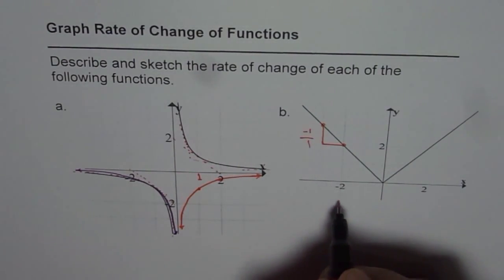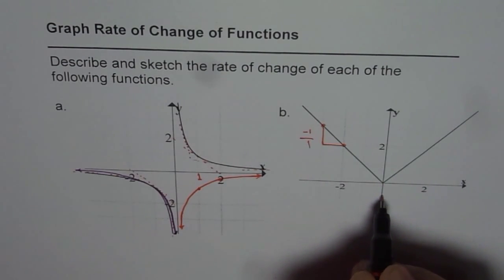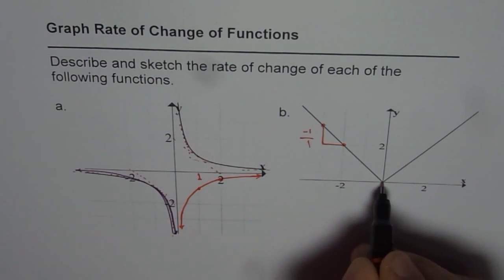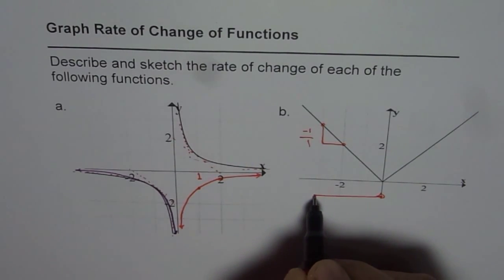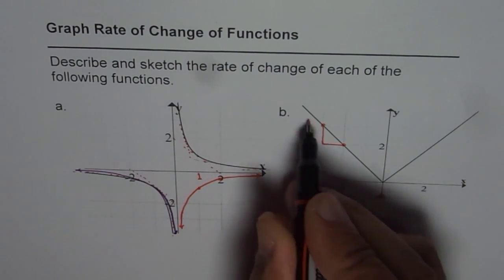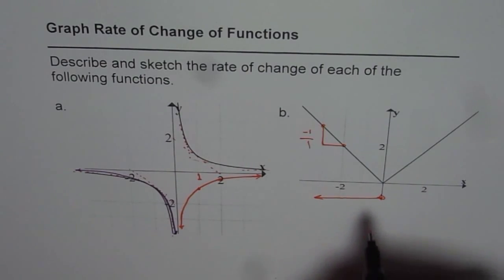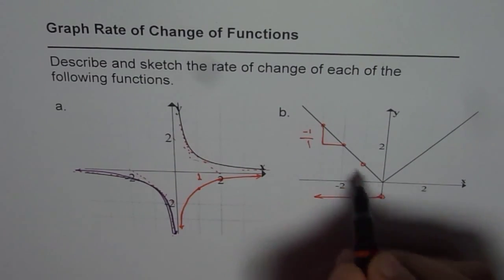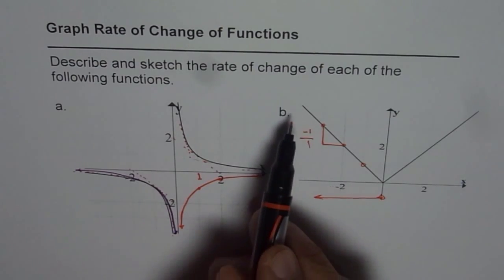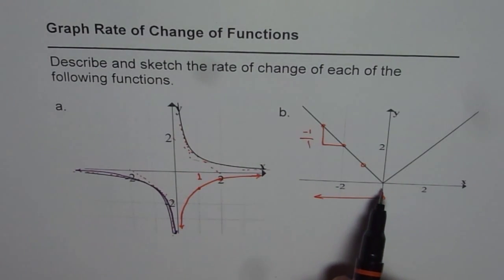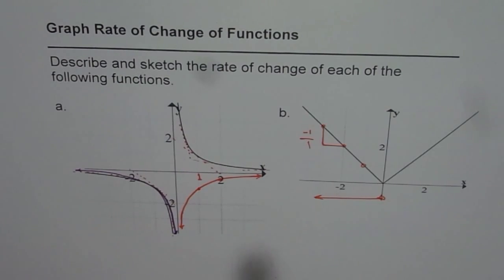That holds up to this point. Let me draw a hole here. I'm not considering this for the time being. It is -1. Anywhere on this part of the graph, if you take any 2 points, the slope is going to be -1, right? So it's a line coming downwards with a negative slope of 1.